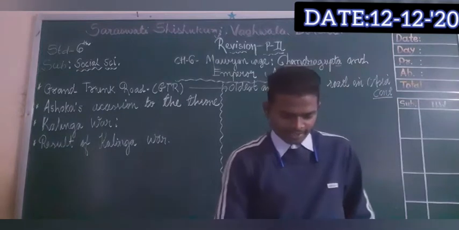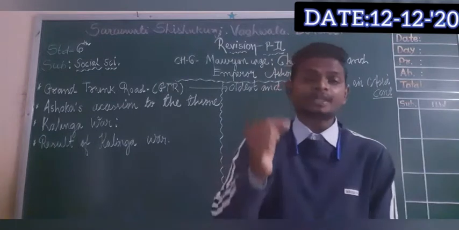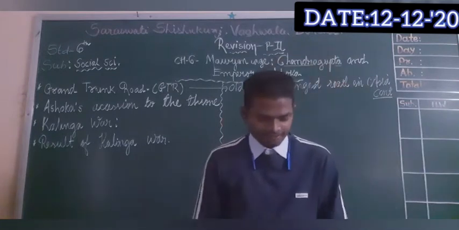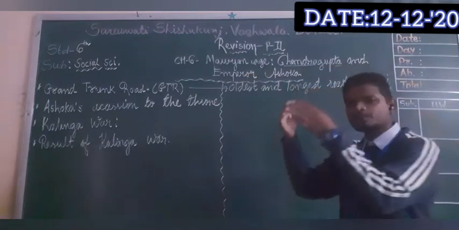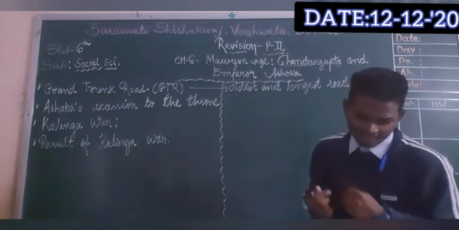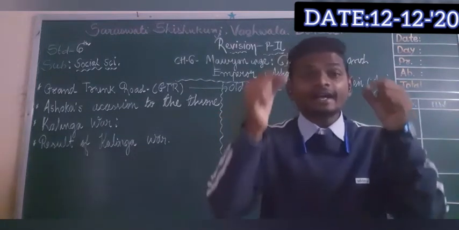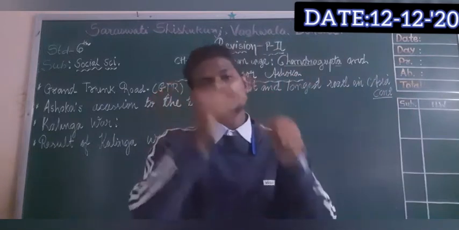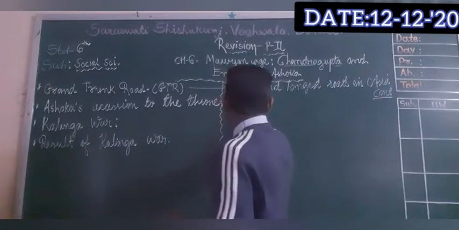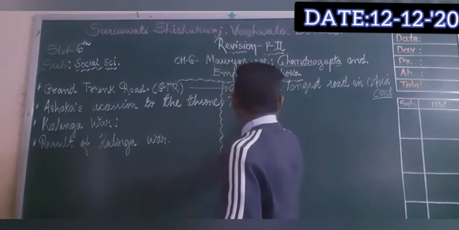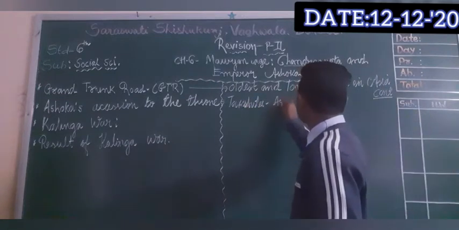It was used to connect Tamralipti with Takshashila, and Takshashila with Central Asia, so some parts of the Asian continent.